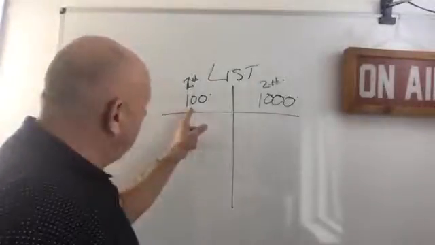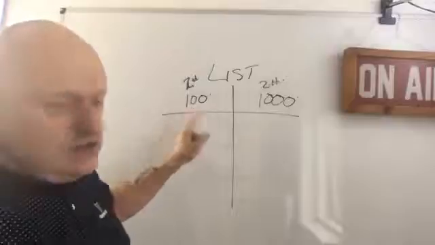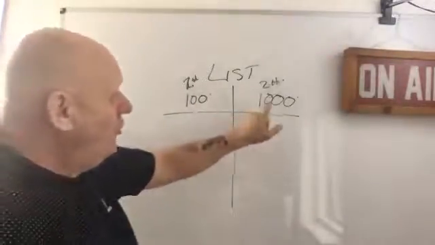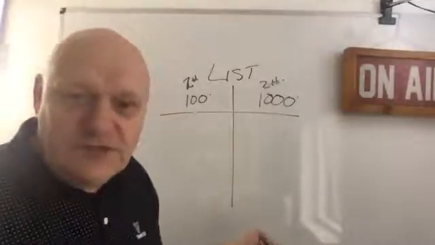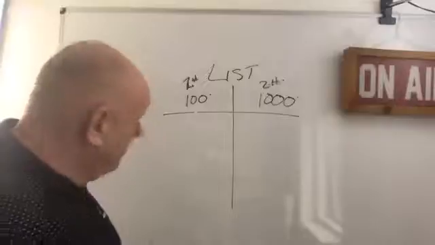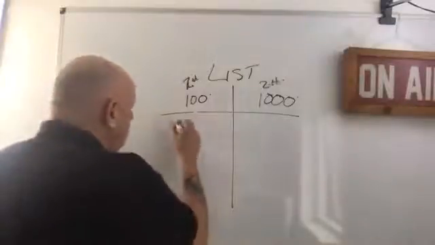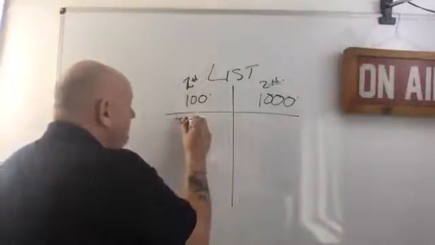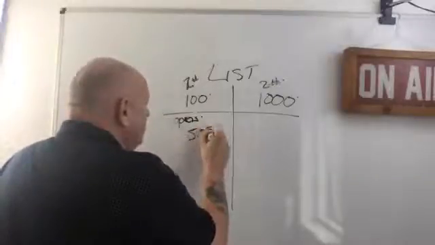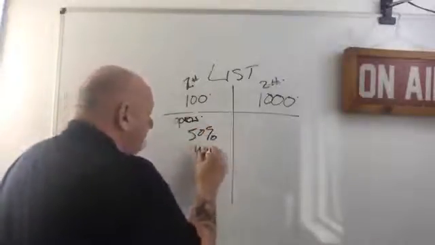The 100 emails on your list, so people that have opted into your landing pages, or would you rather have 1,000? Okay, now before you answer that, I want to say to you that this one has an open rate of 50% and above.